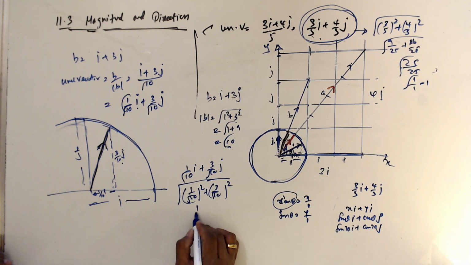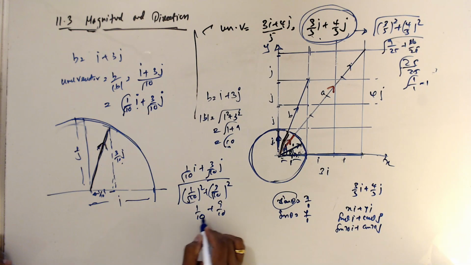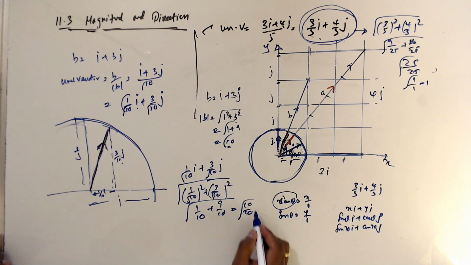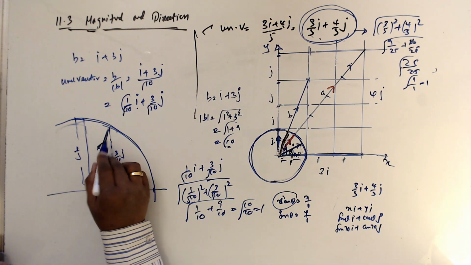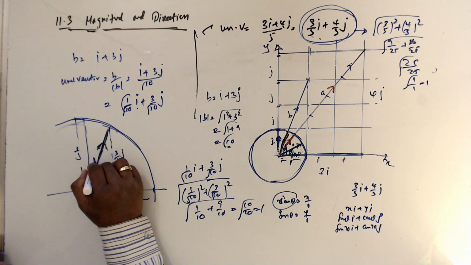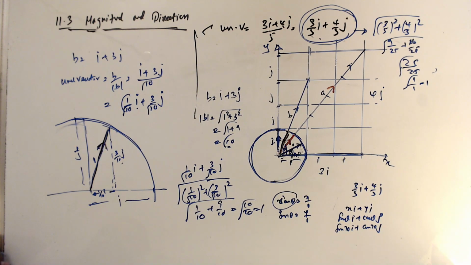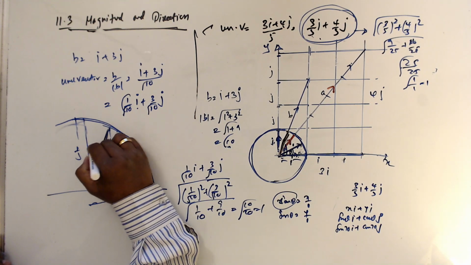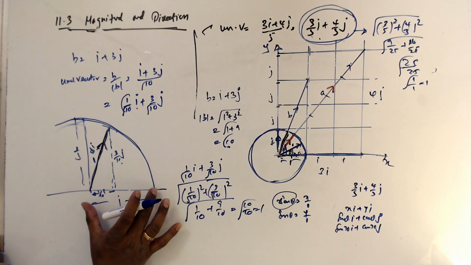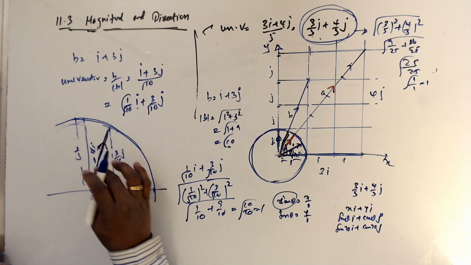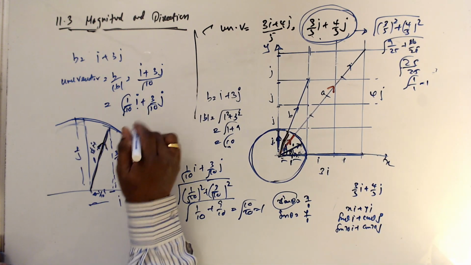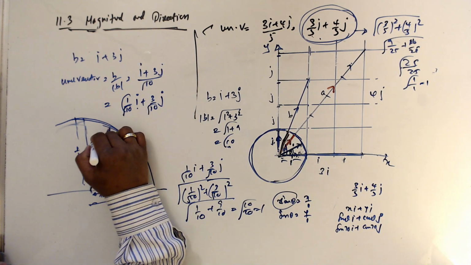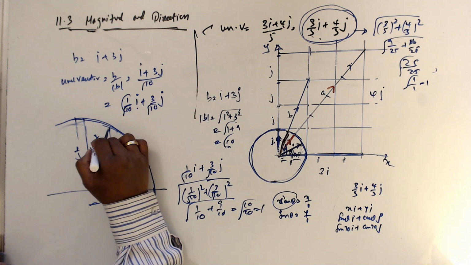So this is 1 over 10, this is 9 over 10, which is 10 over 10, which is 1. Now when you apply Pythagoras, you get that this size is 1. And the vector in this direction is: don't take full i, take 1 over square root 10 of i, then 3 over square root 10 of j.